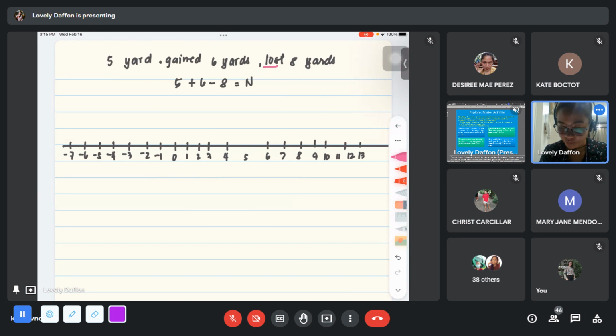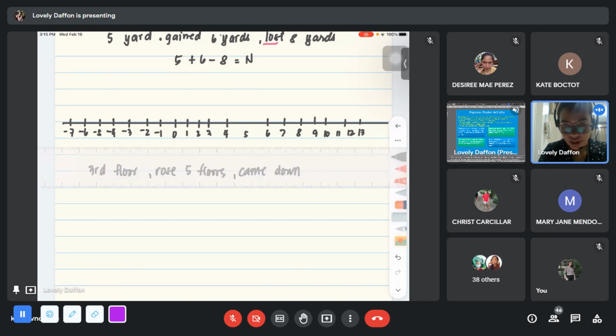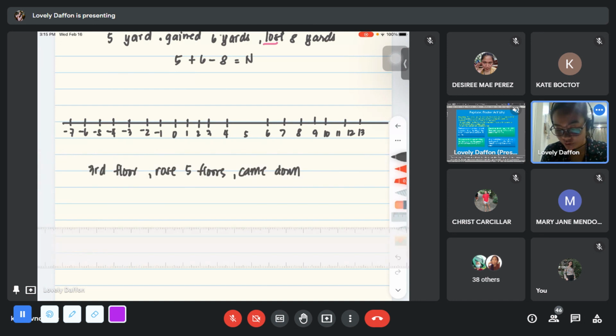The elevator started on the third floor and rose 5 floors, then came down 7 floors.